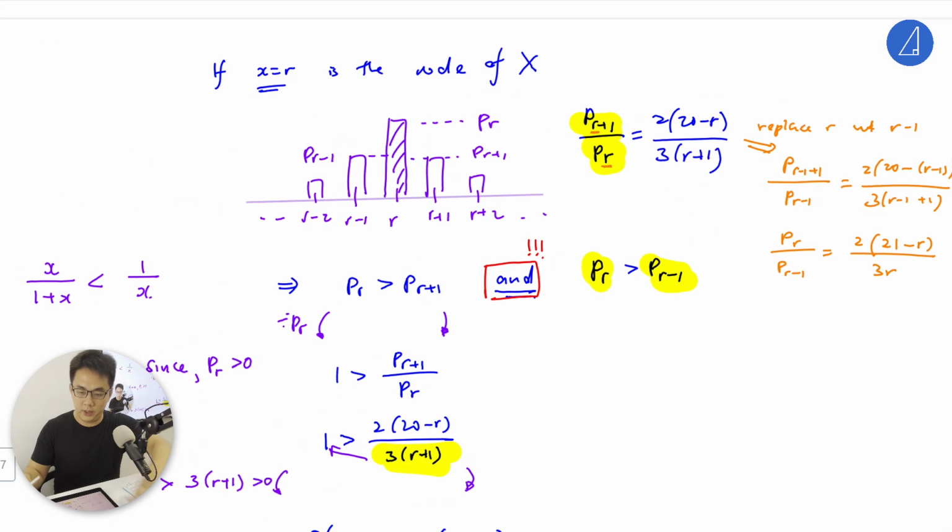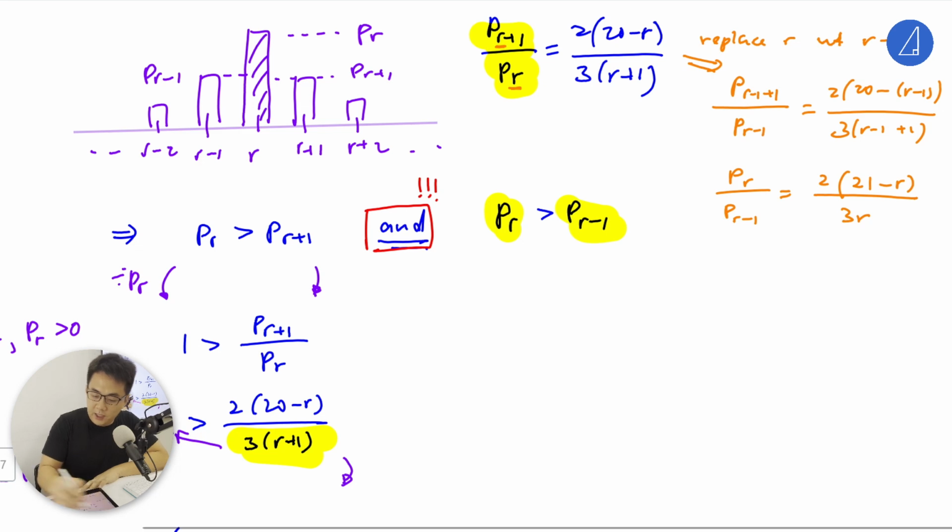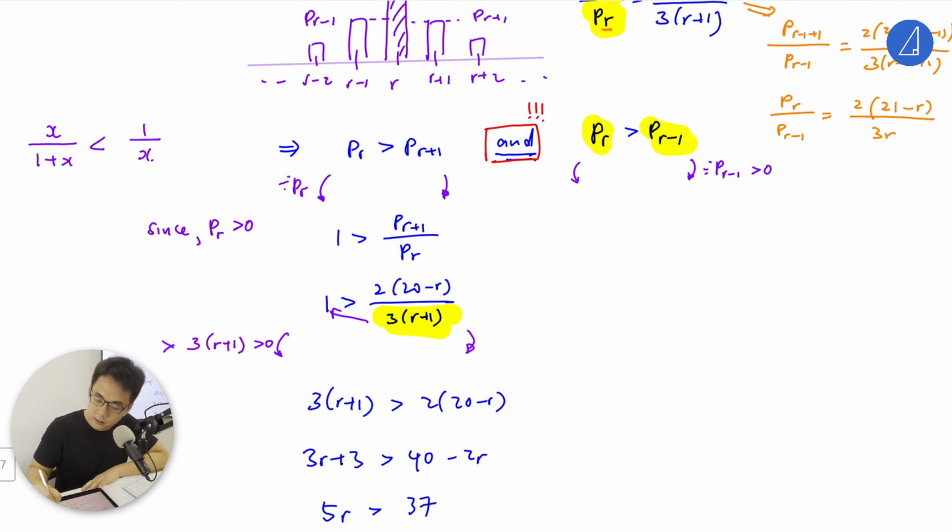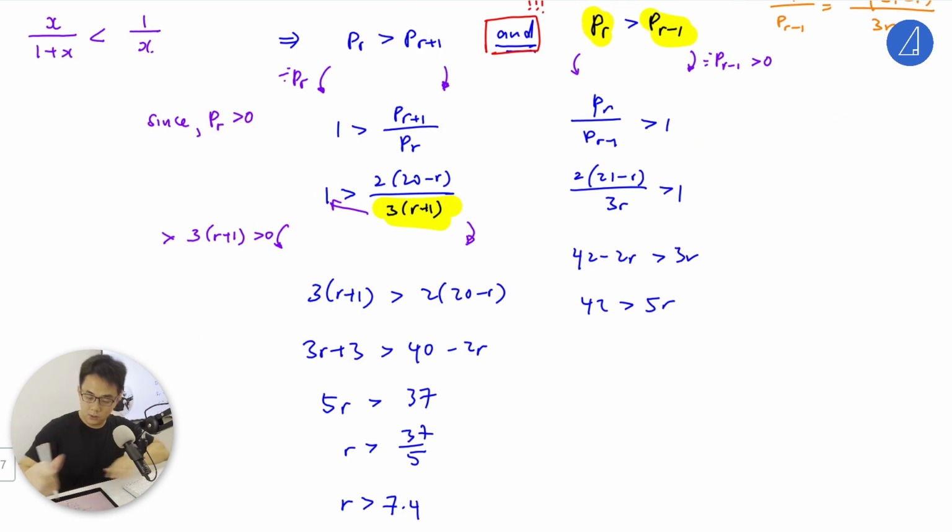So this guy, same thing. Divide both sides by P(R minus 1) since this is more than 0. Then P(R) over P(R minus 1) bigger than 1. 221 minus R, over 3R, bigger than 1. 42 minus 2R bigger than 3R. 42 bigger than 5R.